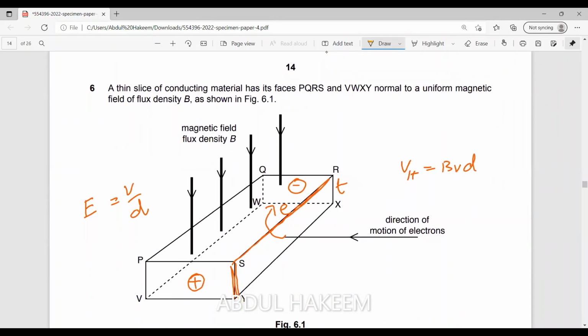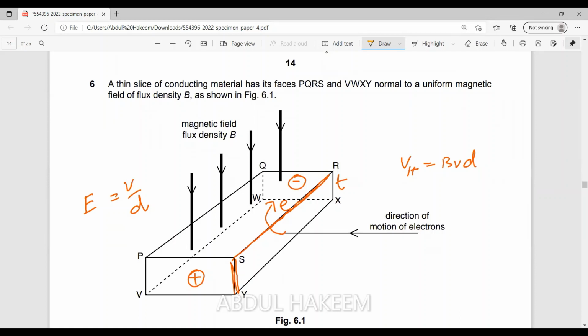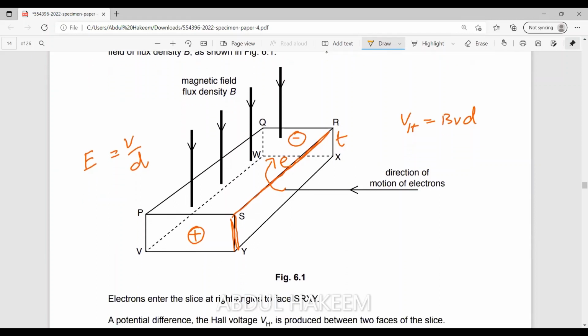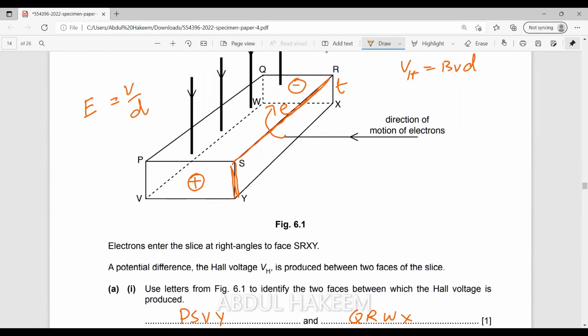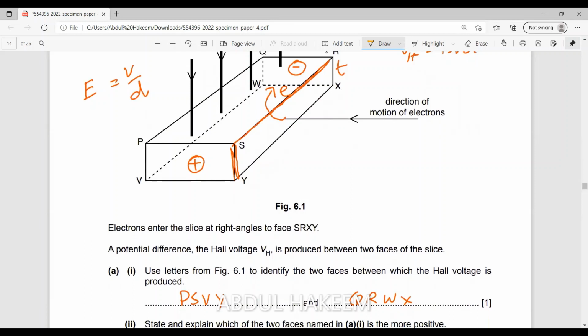Next. A thin slice of conducting material has its faces PQRS and PSVY normal to the uniform magnetic field of flux density B as shown. The magnetic field is downward, electrons traveling from right to left. The question is, electrons enter the slice at right angle to face SRXY, and a potential difference, the Hall voltage, is produced between the two faces.